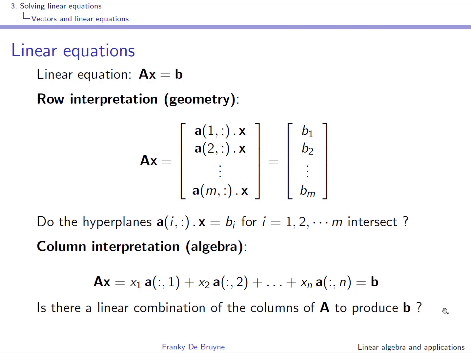Well, there is also a second interpretation of the product AX, and it's a column interpretation.